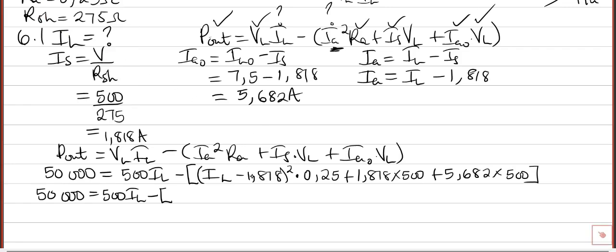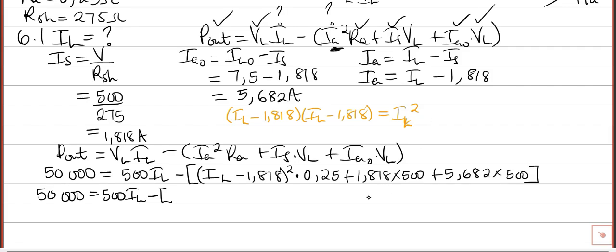So this part, we're going to be applying some maths. This is going to be IL minus, the whole idea is to expand, minus 1,818 into IL into minus 1,818, since it is a squared expression. So IL times IL is IL squared.